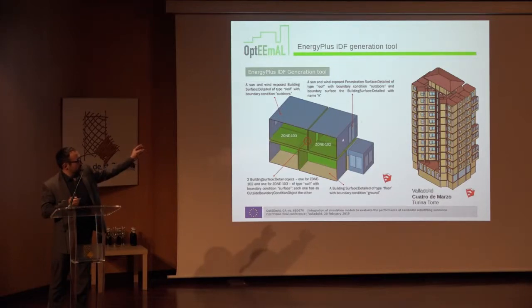And as you can see, all the building architectural elements and all the surfaces are partitioned according to the energy simulation needs. In order to calculate the thermal exchanges among building spaces, we need these partitions. And as you can see, every surface is characterized depending on its role in the thermal simulations, either slabs or roofs or partitions among building spaces. All of them are characterized and inserted into the input data file for EnergyPlus.